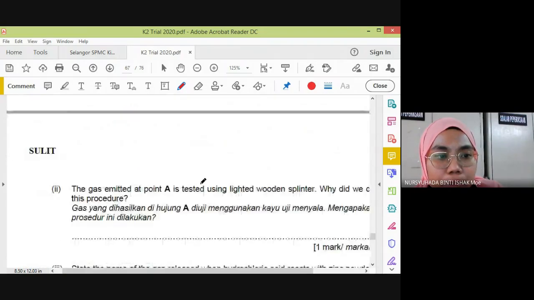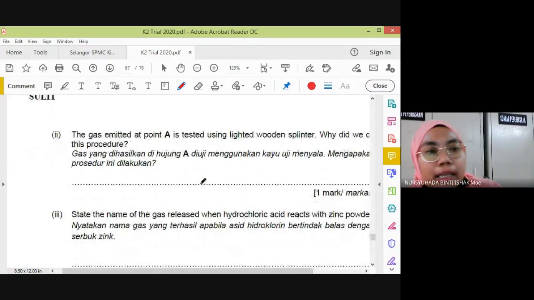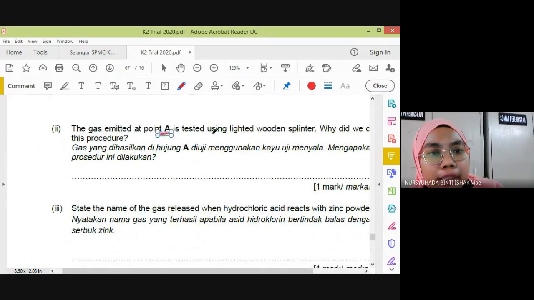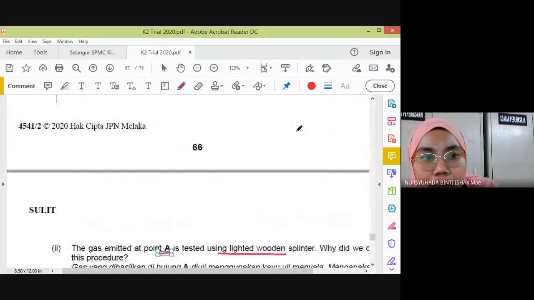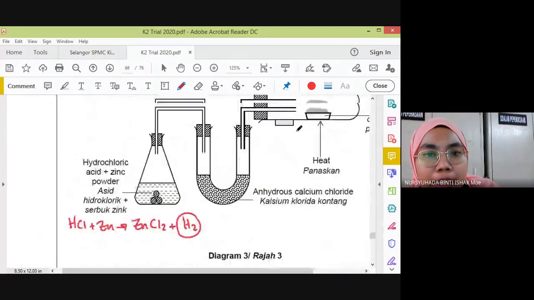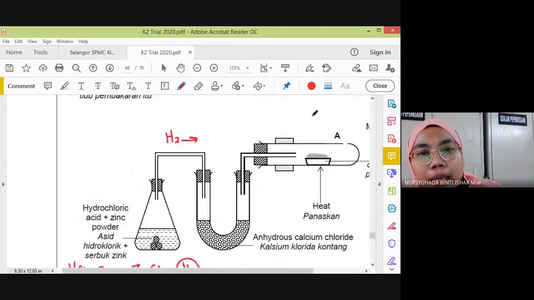Okay, next. Soalan number 2. The gas emit at point A is tested using light wooden splinter. Why did we do this procedure? Kenapa kamu kena buat? Okay, kamu letak wooden splinter dekat sini. Dekat sini gas keluar kan? Okay, kenapa kena test?